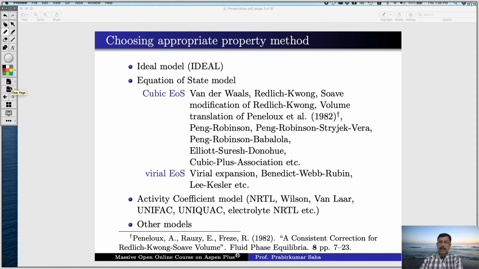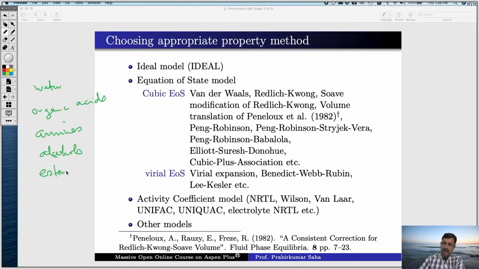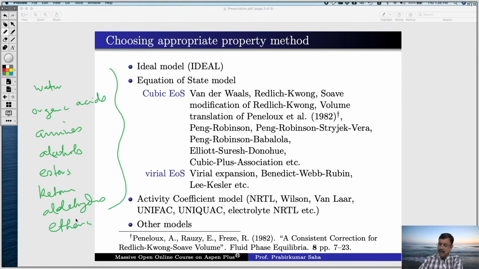And the non-ideality, as a general rule of thumb, will appear when you have systems that involve materials such as water, organic acids, amines, alcohols, esters, ketones, aldehydes, ethers, etc. I mean, when you have them, you are necessarily handling polar molecules.